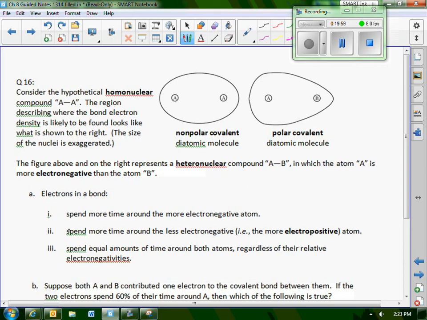Well, I think I spoiled this already and said that it's going to spend more time around the electronegative atom. It pulls it closer towards it.